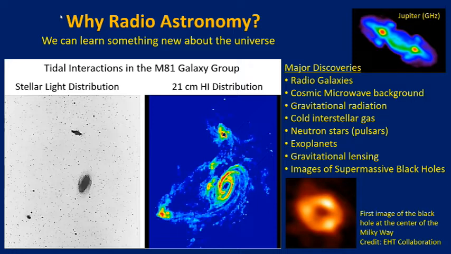And the most recent major accomplishment in radio astronomy is these fantastic images of supermassive black holes. I forget the first one. Was it M81 or no, M87? I'm sorry, the M87 galaxy. And then this one, they finally released just recently, the supermassive black hole at the center of the Milky Way.